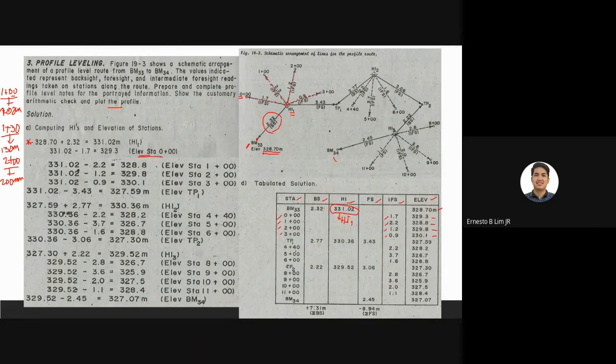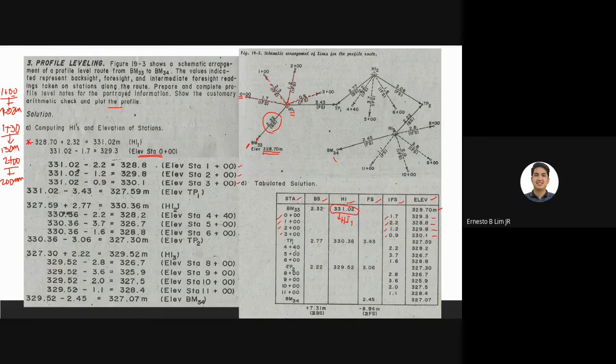So you'll be getting the elevation at station 0 plus 0. Then again, the same with station 1 plus 0, station 2 plus 0, and station 3 plus 0. Just simply deduct the intermediate foresight from the height of the instrument.